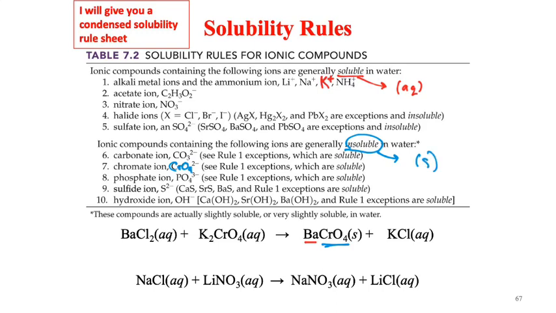So we could say solid except there's exceptions. Those exceptions say, see rule 1. Is barium rule 1? No. Which means not an exception, which means it's a solid. Make sense? Okay. That's the process you need to move through when looking at your double replacements.